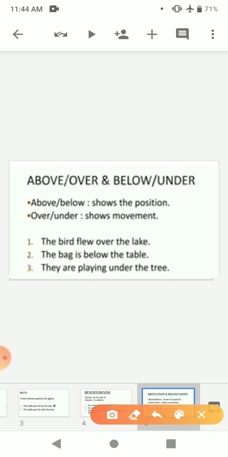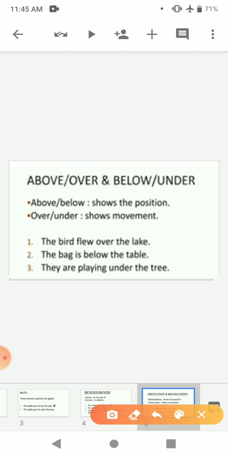The bird flew over the lake. This is a lake and the bird flew. So here the bird is in movement, so we make use of the preposition over because the bird is in movement.